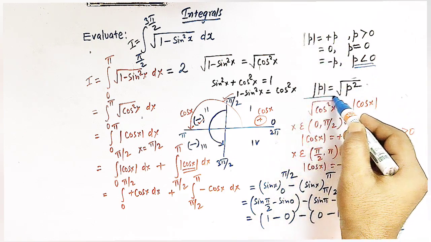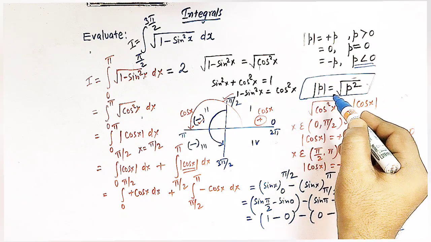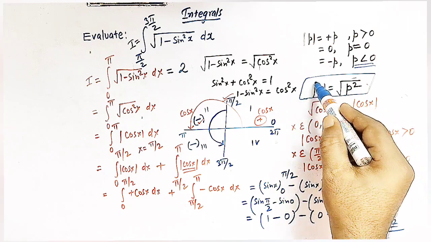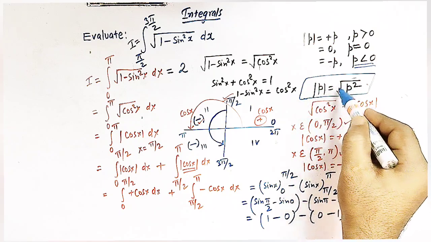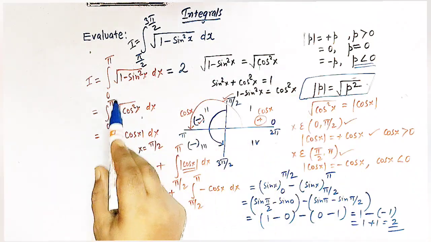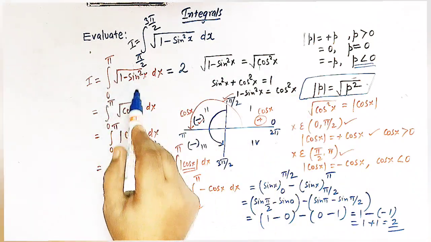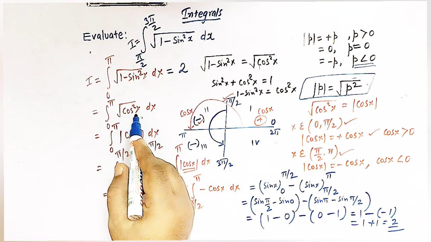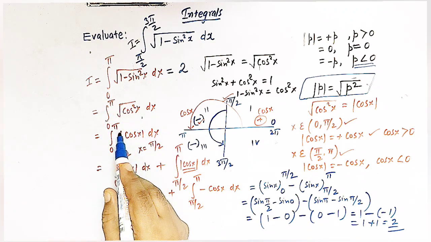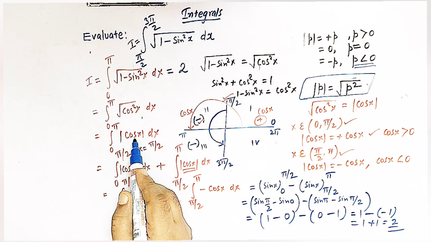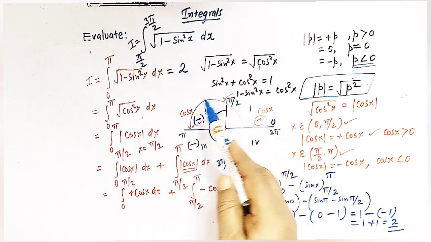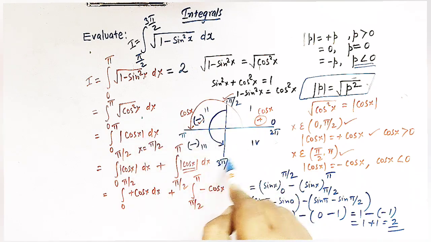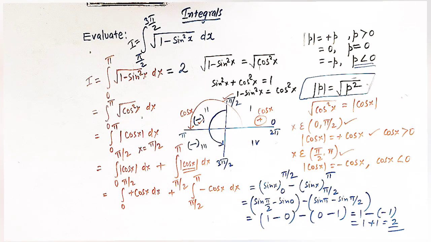Especially this form of the absolute value function is utilized, and we have seen that mod of p is equal to square root of p square, and here square root of 1 minus sine square x is equal to square root of cos square x, which can be written as mod of cosine x, right? And using the sign convention of the function cosine x in different quadrants, we can arrive at the desired result.